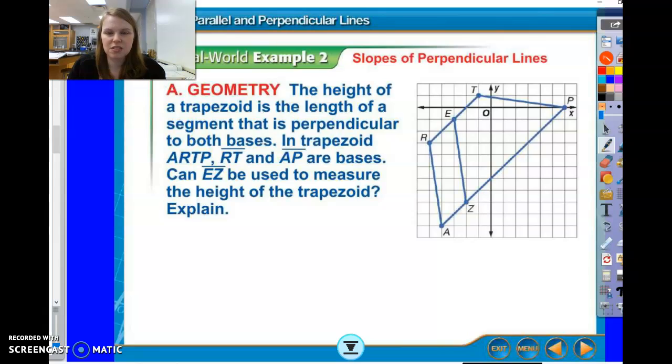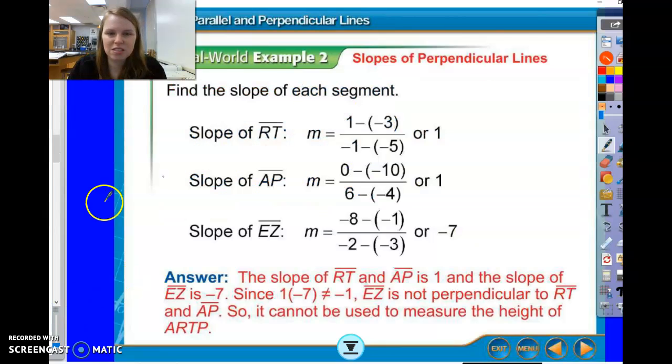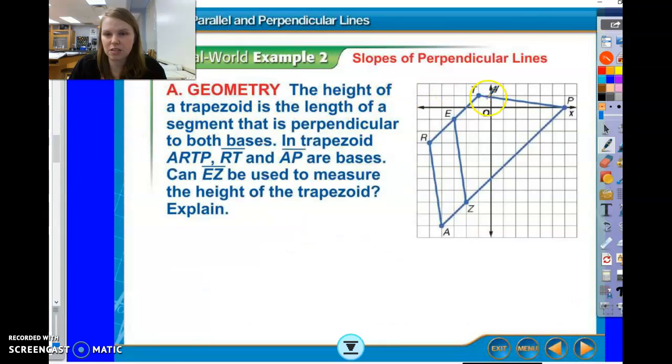Alright, how about this one? This says the height of a trapezoid is the length of a segment that's perpendicular to the bases. It tells us what our bases are, and asks, can EZ be used to measure the height of the trapezoid? I'm going to go with a no, because I don't think this one looks perpendicular to this or this, but we'll see. They said first find the slope of RT, find the slope of AP, and see if this is perpendicular to it.